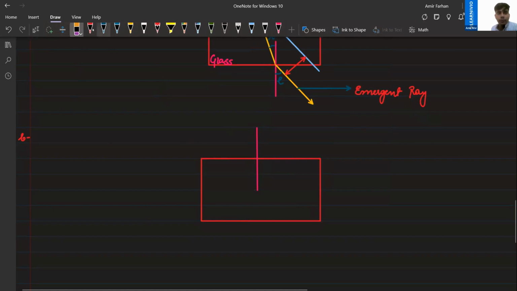Suppose the light ray is falling incident, basically perpendicular at 90 degrees to the glass slab. What will happen?